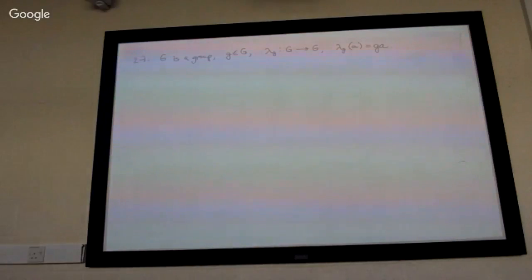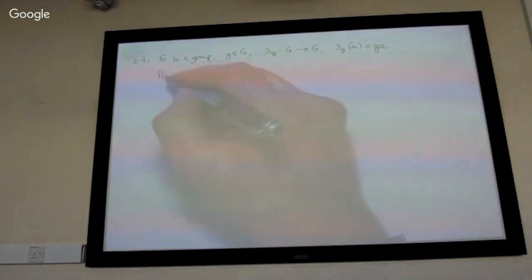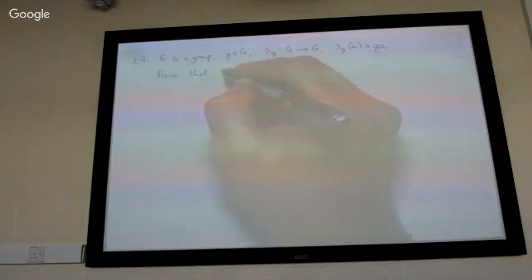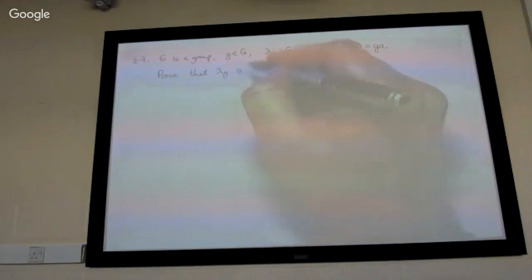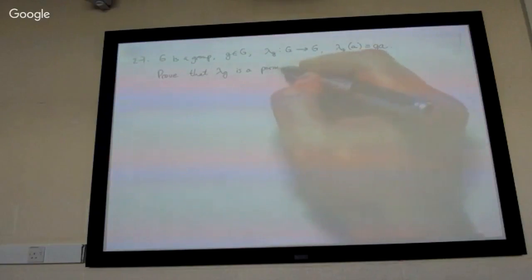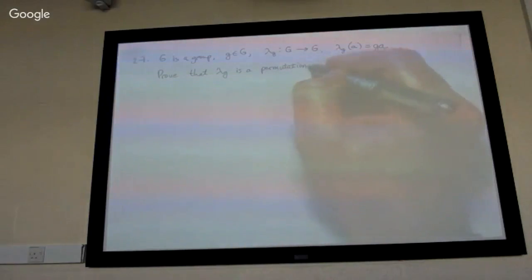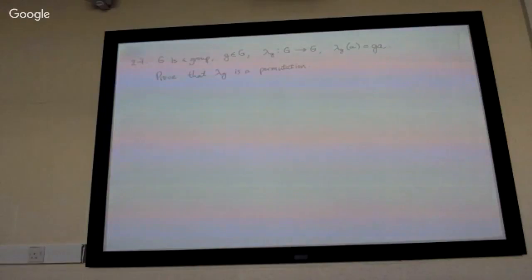And you're supposed to prove that lambda g is a permutation. Are g and a any two values of G, or is one more constant? Okay, so the g you fix, and you get lambda g. And for every different g, you get a different mapping, and they're all permutations. Okay?